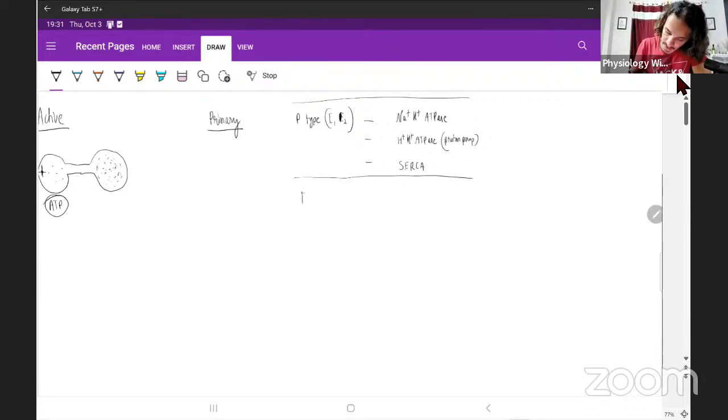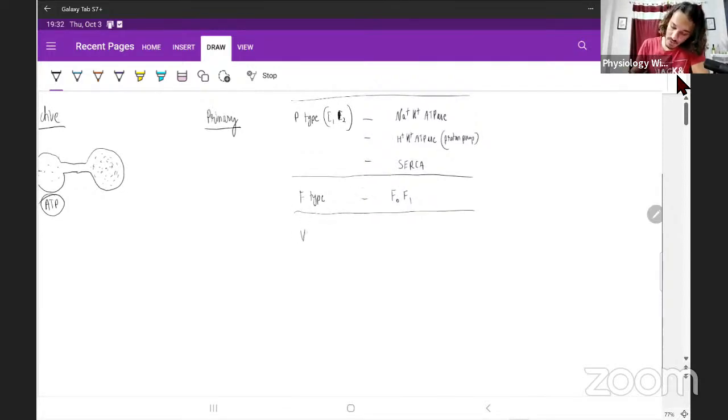Another example is your F-type. This is F0, F1, what you see in oxidative phosphorylation in your mitochondria actually. So here the ATP synthesis happens, where ATP is synthesized. And then another type is V-type, which is usually there in lysosomes, even in your bones for that matter.